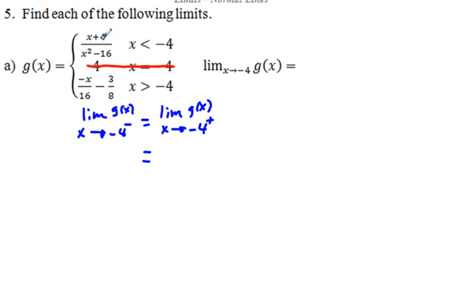Well, on the left side, we're going to plug in negative 4 for x. So we're going to have negative 4 plus 4 over negative 4 squared minus 16. And on the right side, we're going to have negative 4 over 16 minus 3/8.